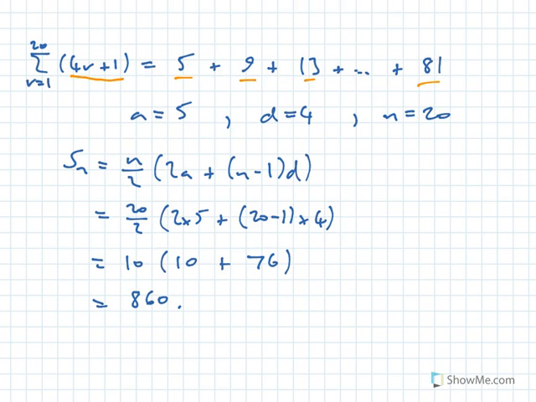Sometimes it won't be either of those, and you'll just have to manually add them up and hope that that's fairly easy to do. Normally there'll be a little trick involved, like for instance if it's something to do with trigonometry, then hopefully you'll get alternating terms, and so you'll be able to see lots of them cancel out. But hopefully most of them end up being arithmetic or geometric, so you can just use the formulas you know.